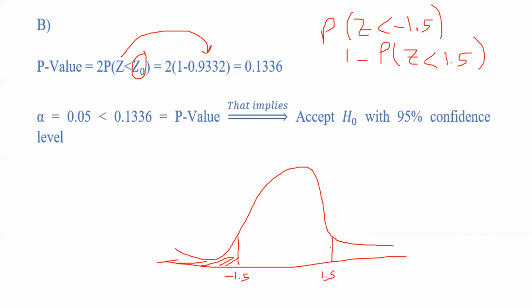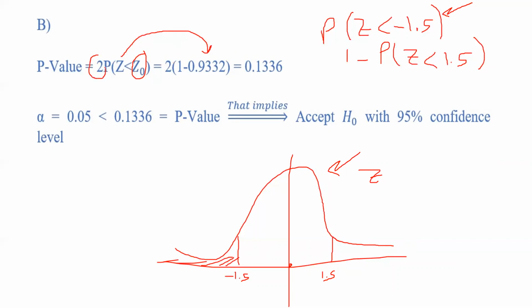From the table, you can only find the cumulative for the positive z values, right? If we had the table for negative values, then you could use it. But in the exam, as we said, we always have the z plus case. So in this scenario, I cannot read this one directly from the table. Then I use 1 minus p z less than this. And by using that, I can find the p-value.